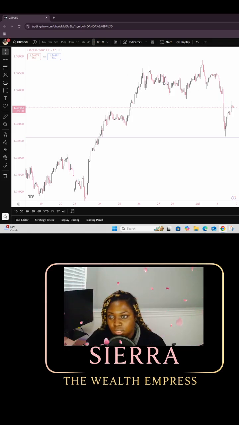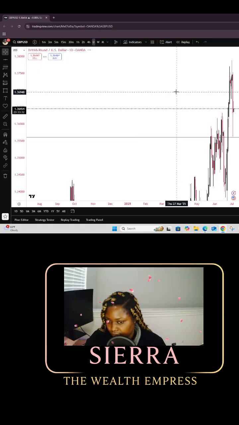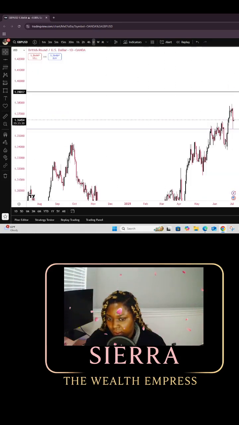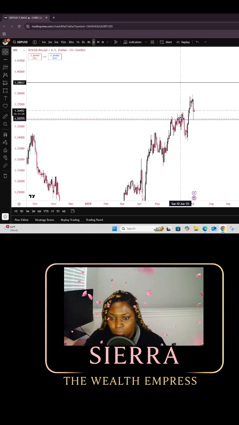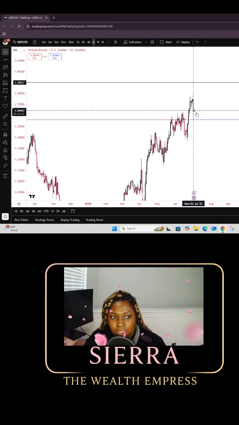Whenever it decides it wants to load. Okay. All right. So remember this zone right here, price broke it. This was the resistance level. It became support.